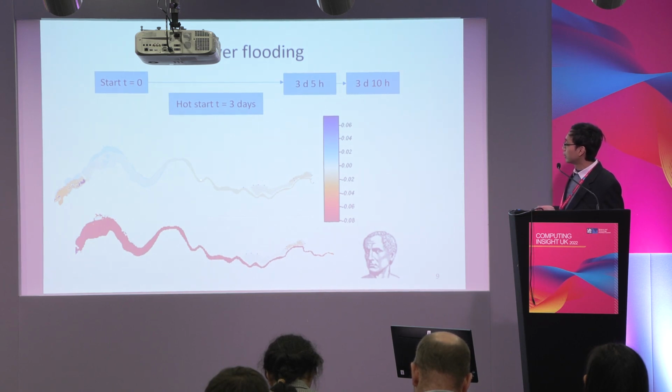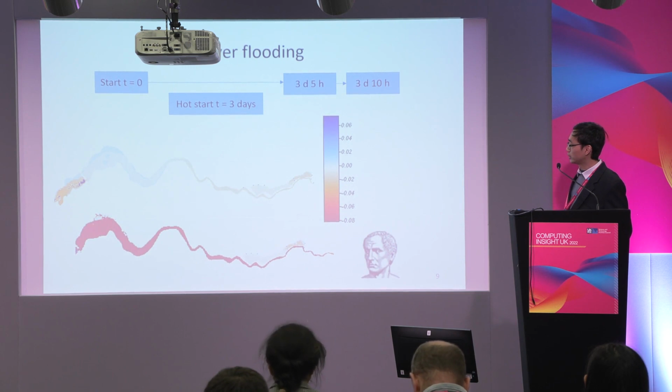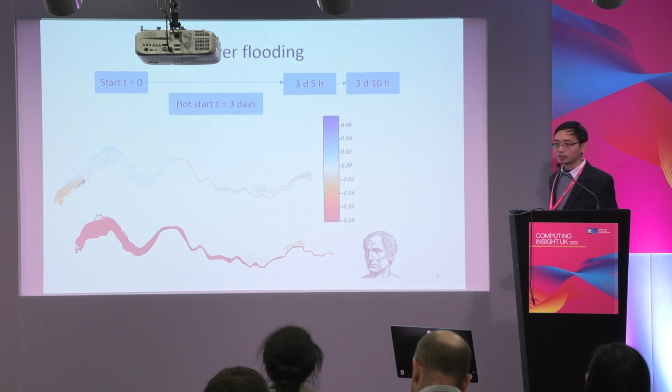And the result is for the 5-hour simulation, the difference is not much. But after 10 hours, the hot start result starts to deviate from the normal run by more than 10 centimeters in the water level along the river, which is not good. So we have to take into account also the velocity to use as a hot start.